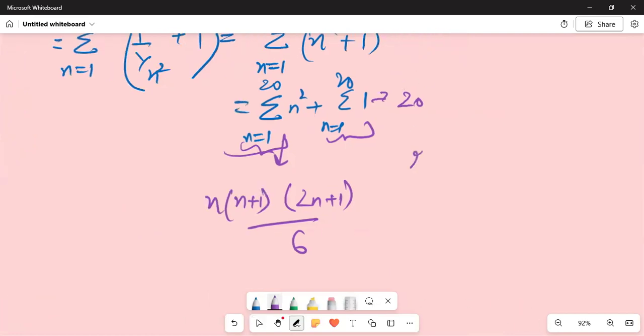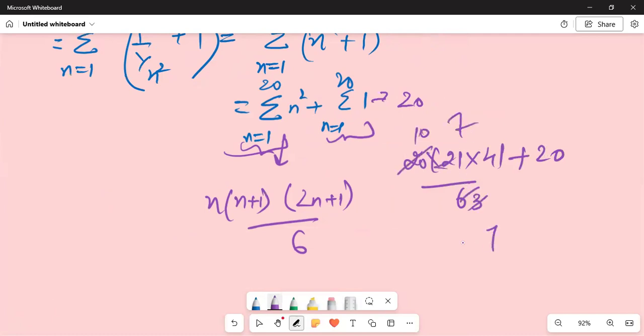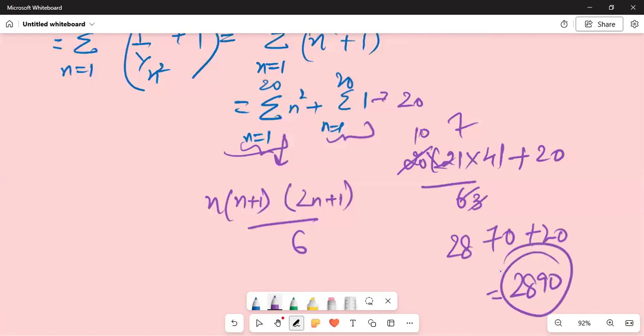You will be getting 20 into 21 into 41 by 6 plus 20, and this equals 2890, and this is your final answer.